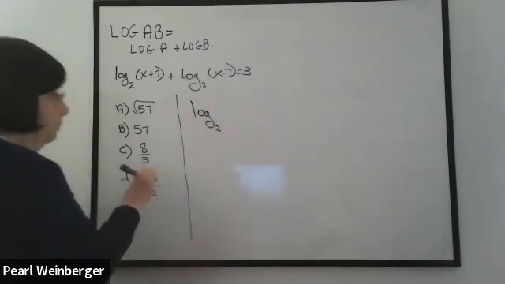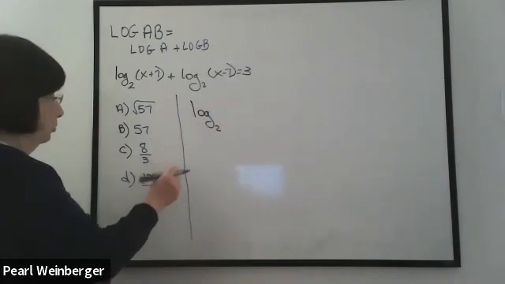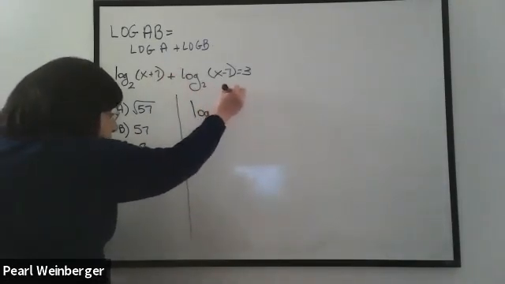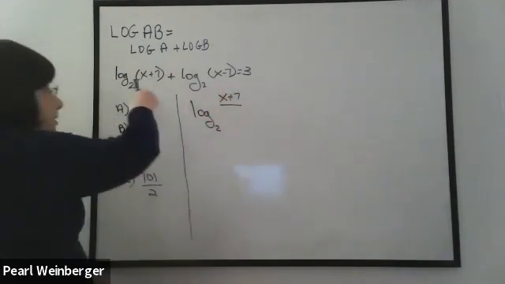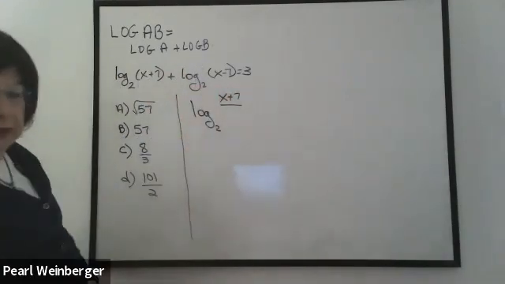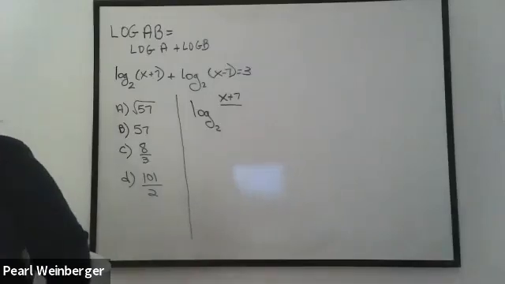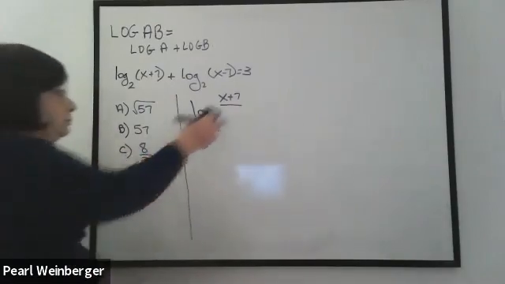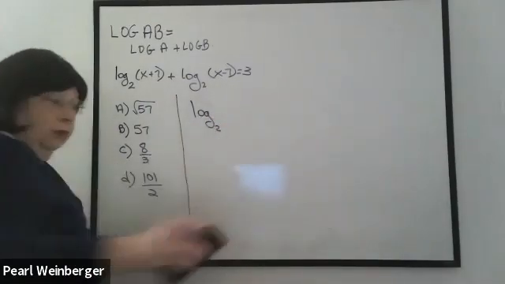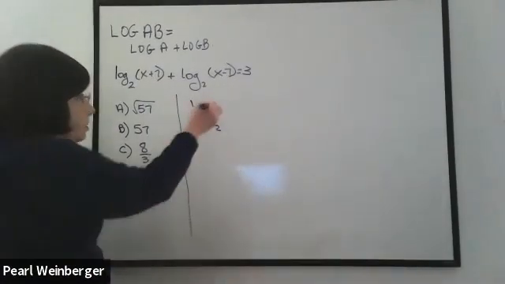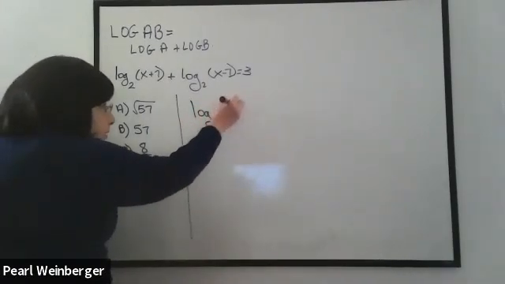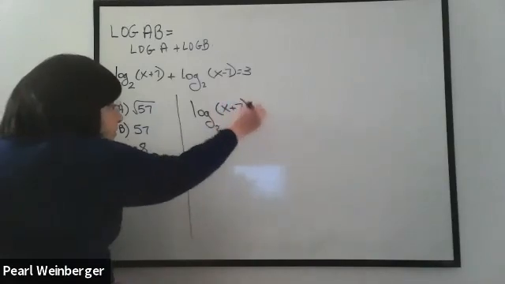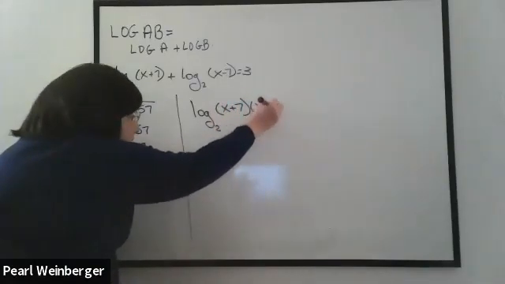I can contract this back to a single log by saying log base 2. The first number, of course, goes on top. I'm sorry, we're multiplying, we're not dividing. Since this is a plus, we're going to be multiplying x plus 7 times x minus 7.